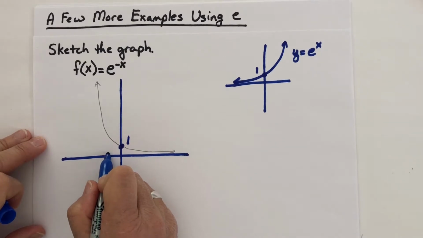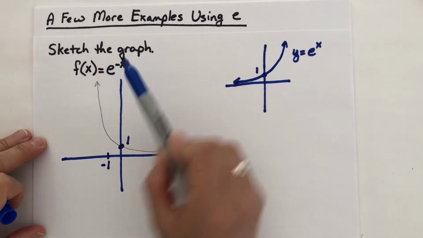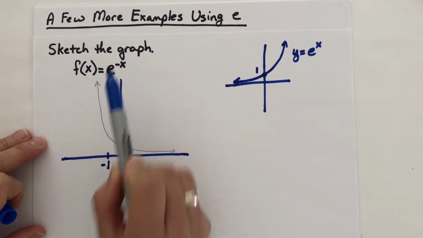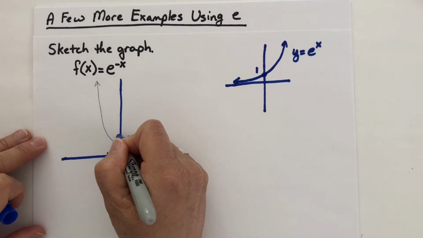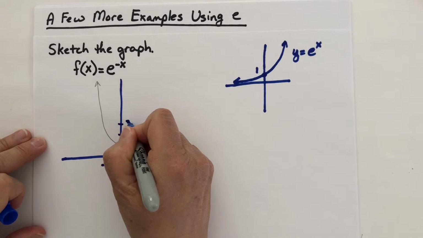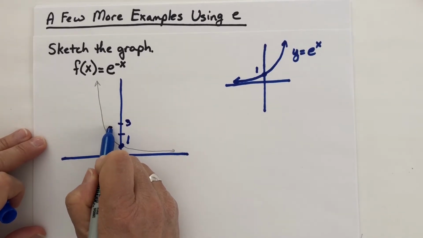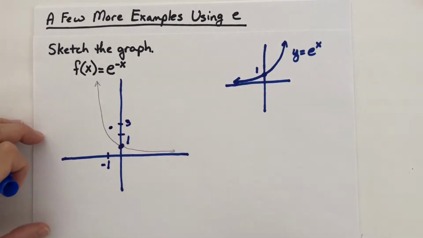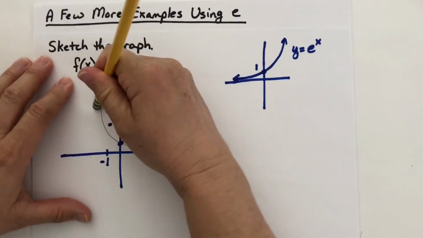We could plot the point -1, for example, the x value -1, pop the -1 into the function, and if you put in -1, you'd have e to the +1 power, and we know e is about 2.7, so there's 1, that would be 2, this would be 3 right here. So at -1, it would be at about 2.7. So my curve is a little bit off, and I could do a better job for this particular one.